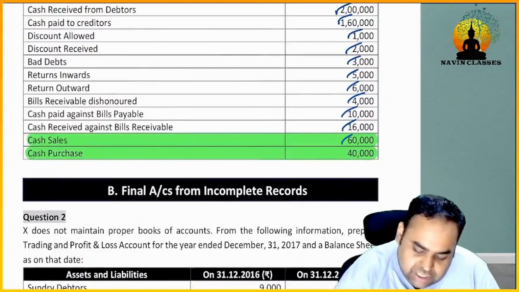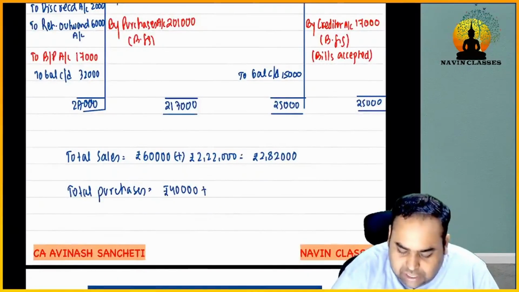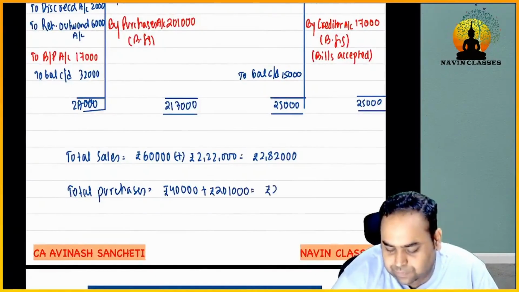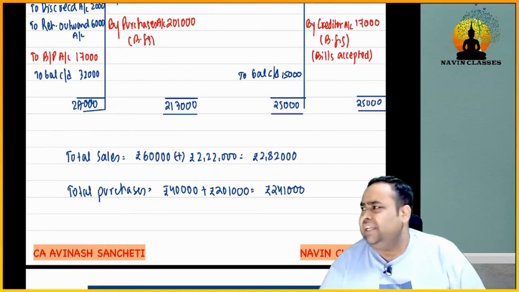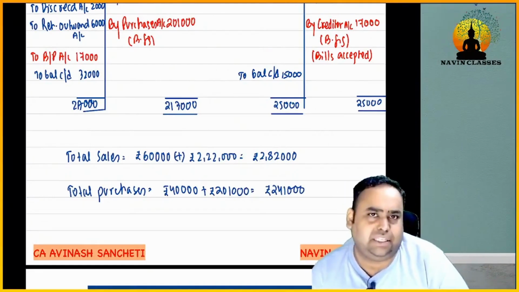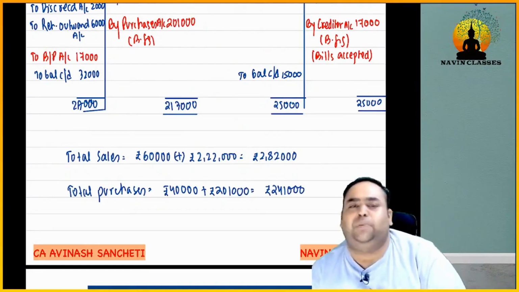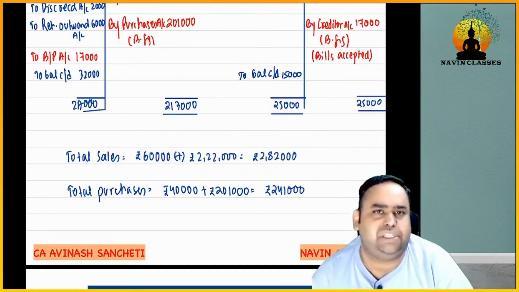Cash purchase is 40,000. The credit purchase is 2,01,000. So total purchase is 241,000. If it asks for net purchases, from this you can deduct purchase return and sales return to get the net purchases and net sales. If total is asked, add cash and credit together. If net, subtract returns from these and tell the net purchases and net sales.